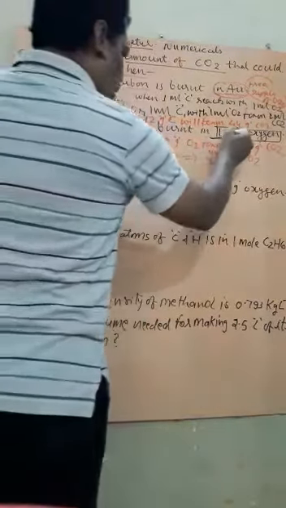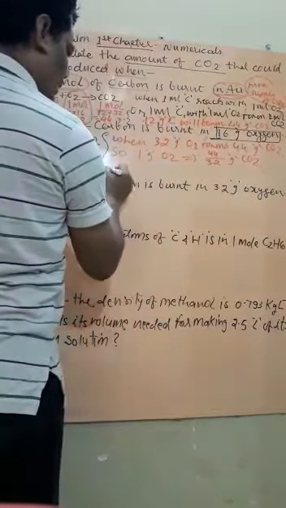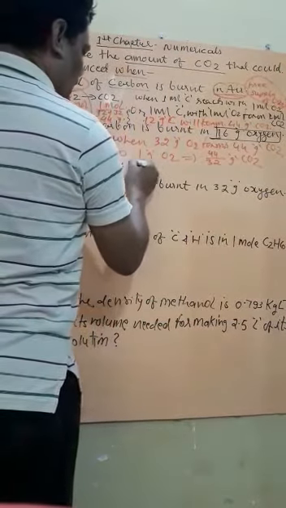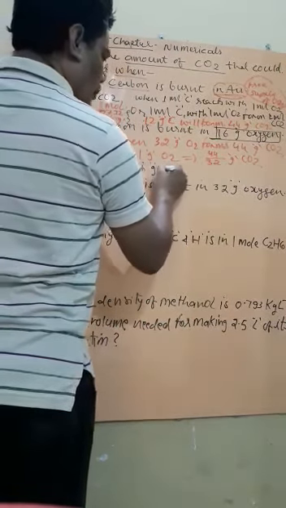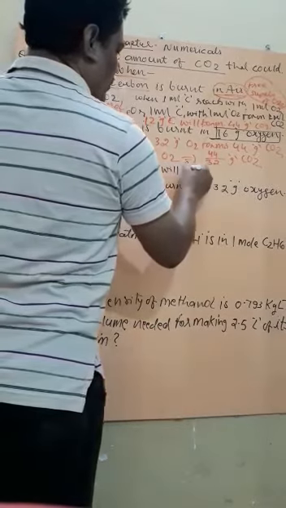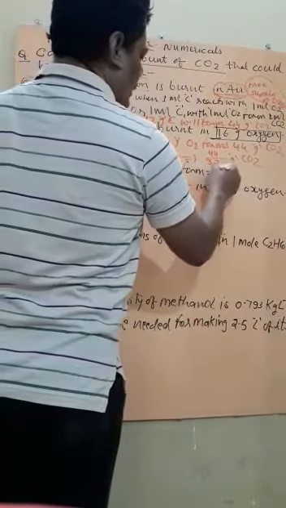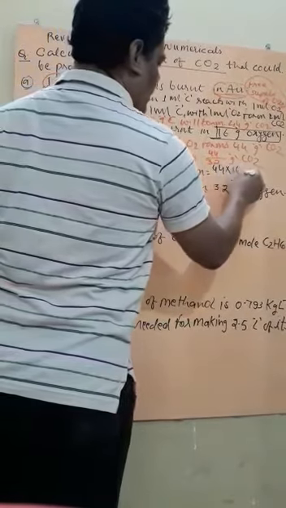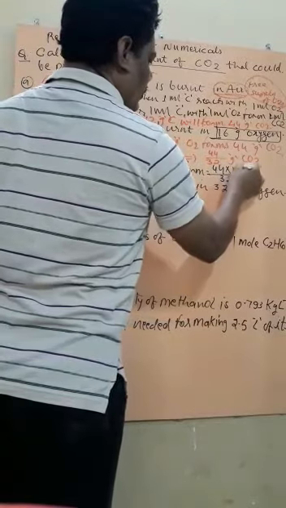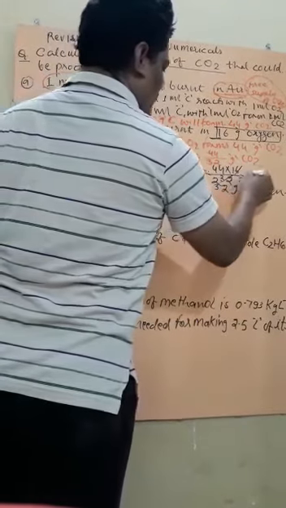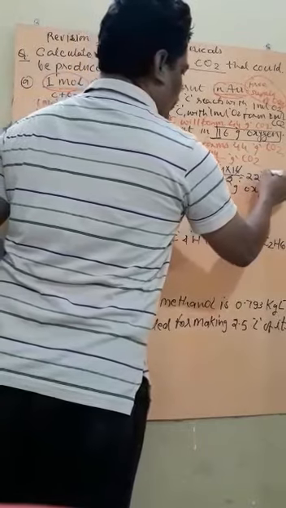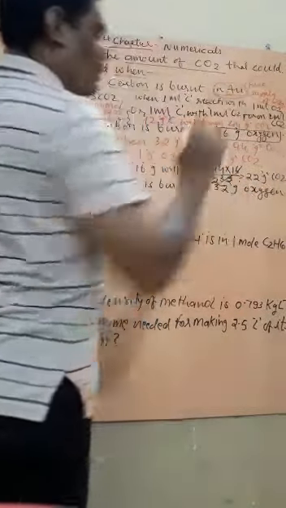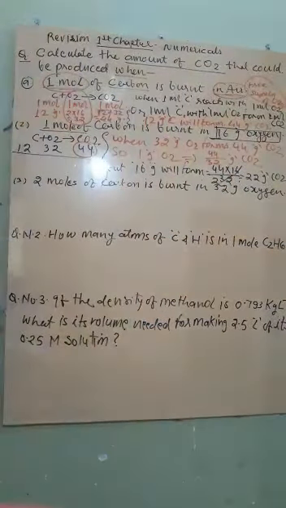But in the question, how many grams are given? 16 gram is given. So 16 gram will form 44 multiplied by 16 divided by 32, which is equal to 22 gram CO2. In this way we can solve the question.